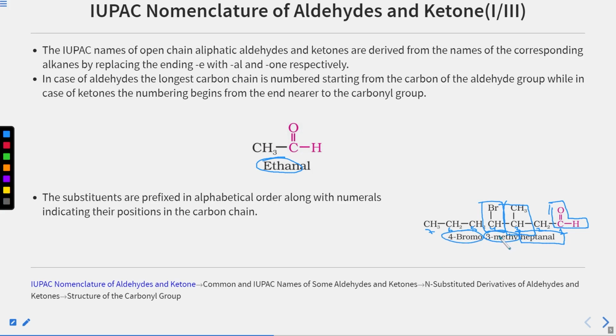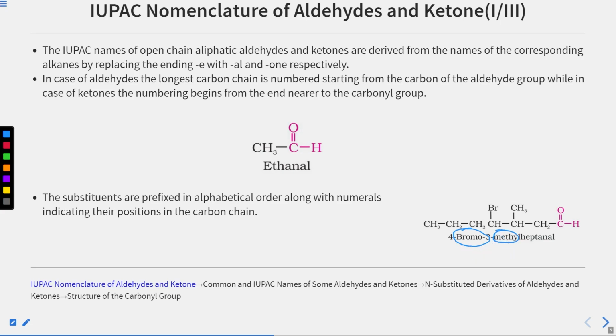Now some of you would think that since this 3 is coming first, that the methyl is coming first, so we'll place this methyl at the start as the prefix. But it is not so. We place these substituents, or you can say derivatives, based on alphabetical order. So if you see the names of these 2 substituents, these are bromo and methyl.